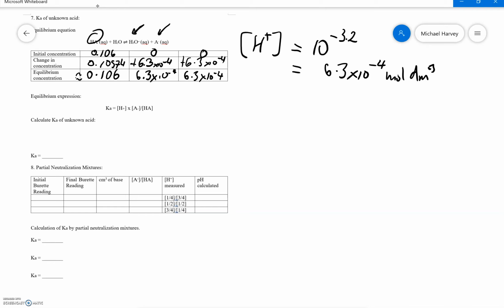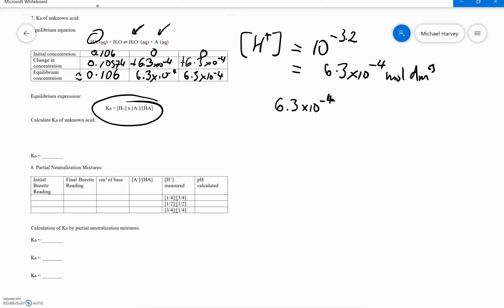So now we use the equilibrium expression. The Ka will equal the concentration of the protons, which we know, 6.3 times 10 to the negative 4.